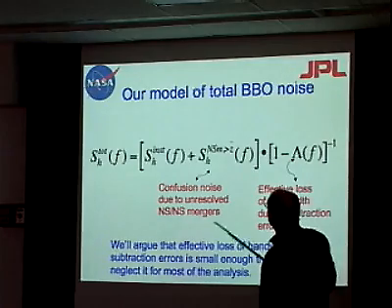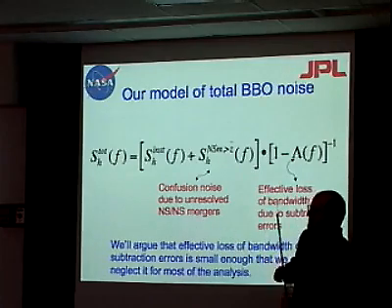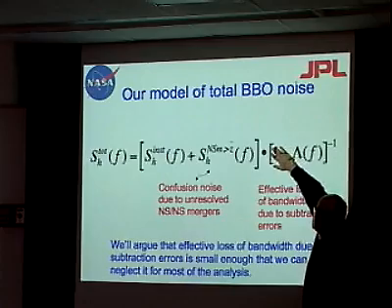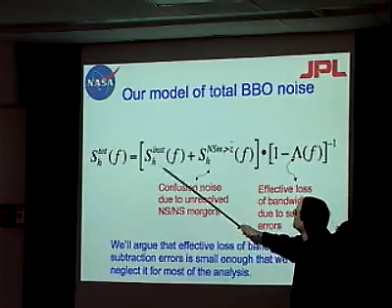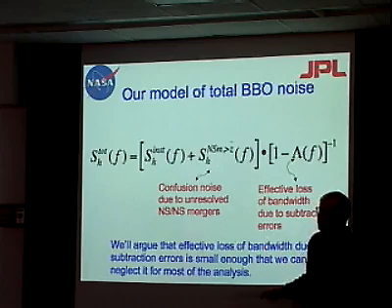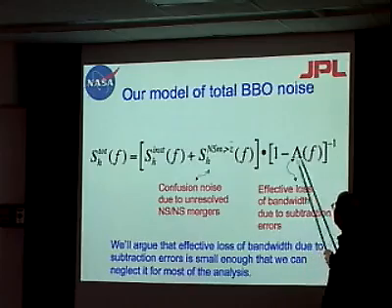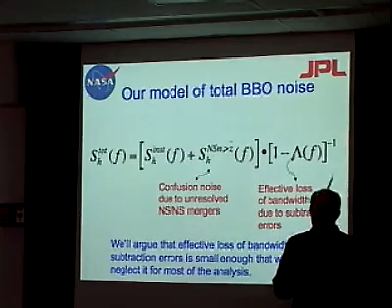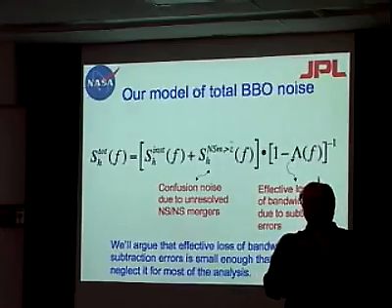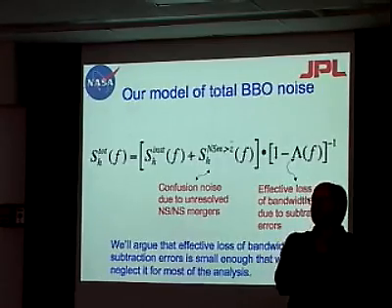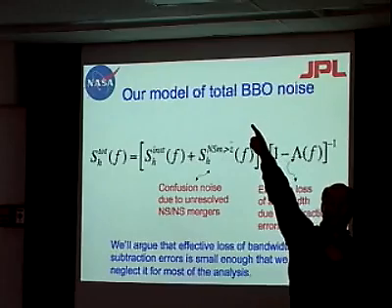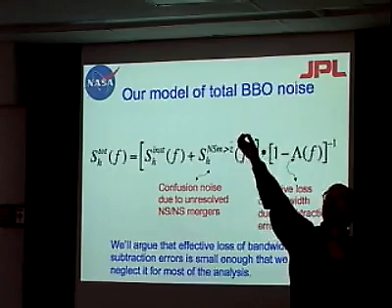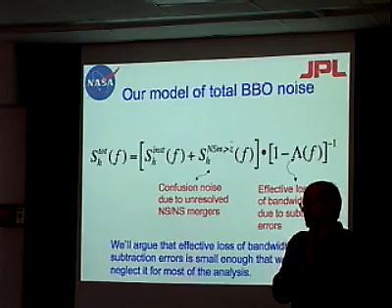You might think based on everything I've said that that's all there is to it: there's instrumental noise, and then there's confusion noise due to unresolved sources. But I claim there's an extra source as well. Even when you identify a binary and take it out of the data, you never take it out perfectly.